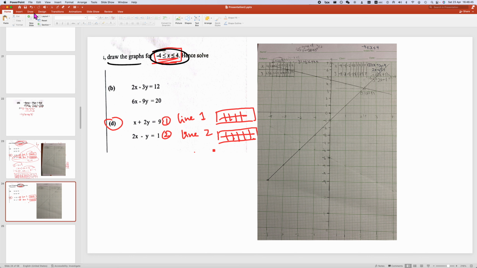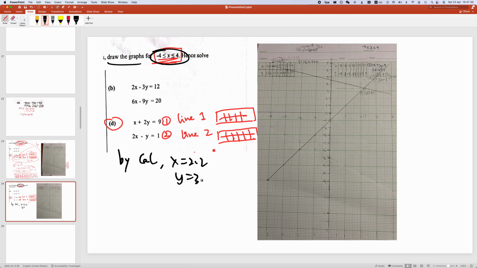Okay, so I have assisted you how you can actually draw the two straight lines to find the solution. So like I say just now, you can use a calculator to get x is equal to 2.2, y is equal to 3.4, right? So by graph, the first step you do is you need to get it into this format.